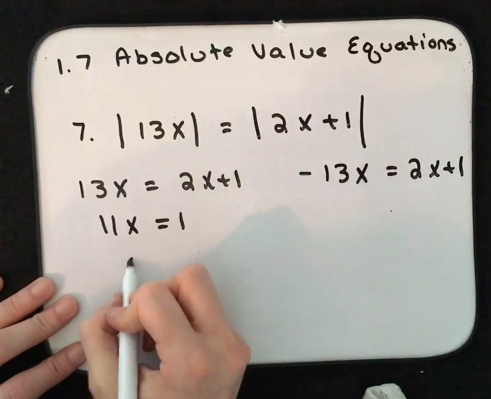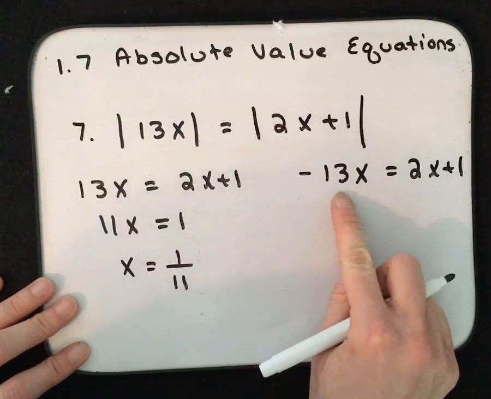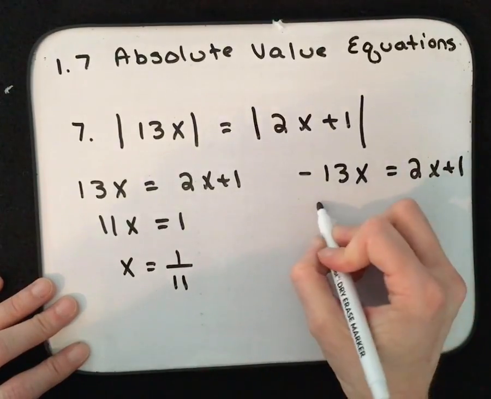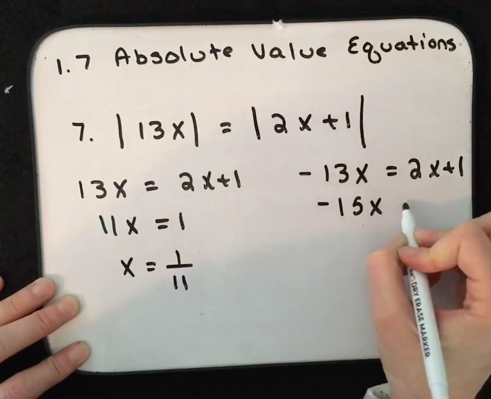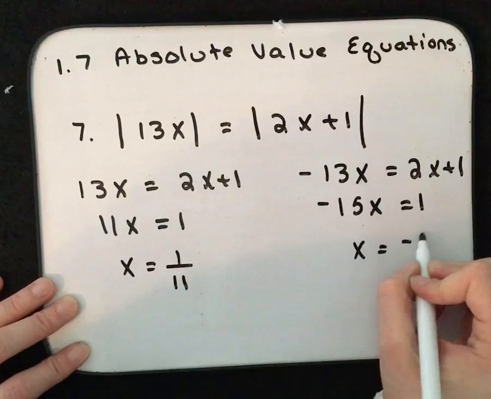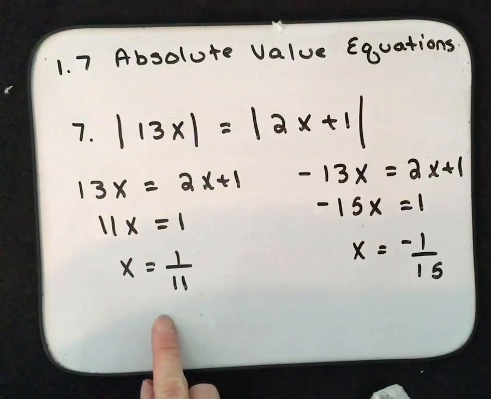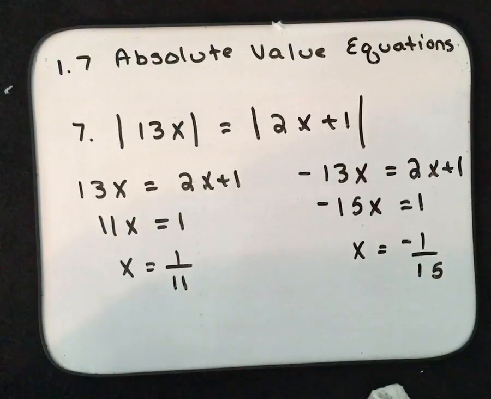Dividing both sides by 11. Over here, moving my 2x over, 13x minus 2x is negative 15x. Dividing both sides by negative 15. So that means that x is either 1 over 11 or negative 1 over 15.